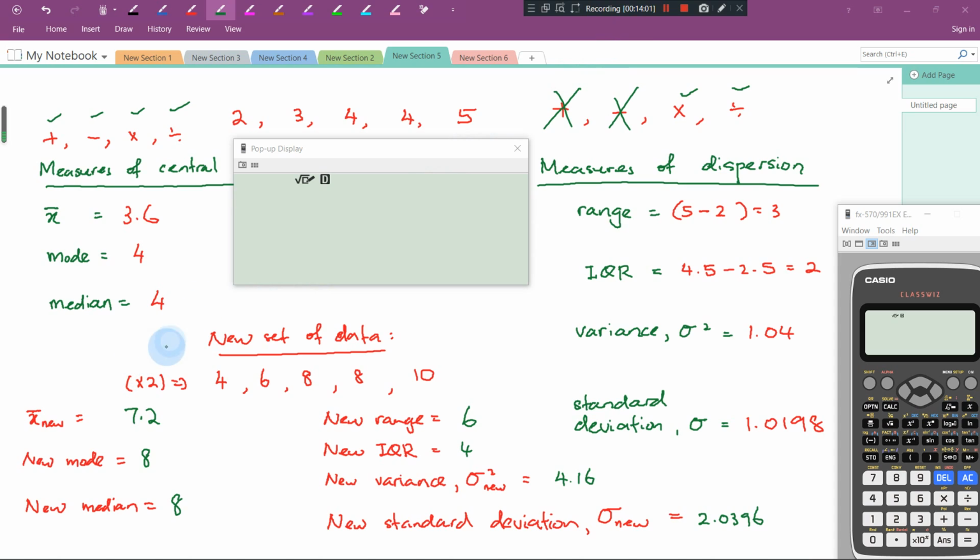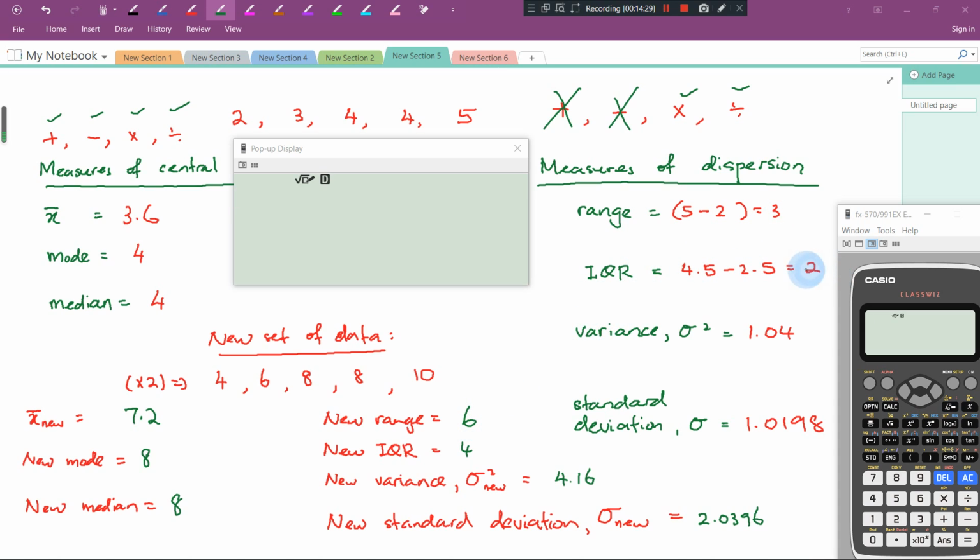Do you notice that if every single data we times 2, the values for the measures of central tendency, 3.6, you times 2, the mode you times 2, the new median you times 2, right? Same thing for the measures of dispersion, except the variance. Variance is a little bit different. The new range times 2, you get 6.